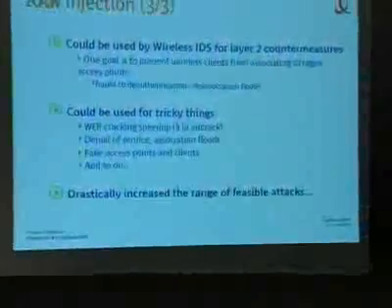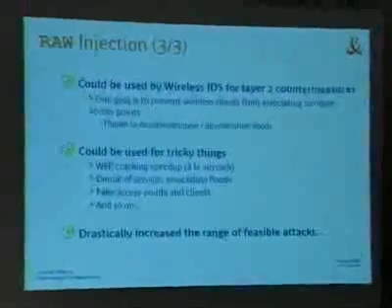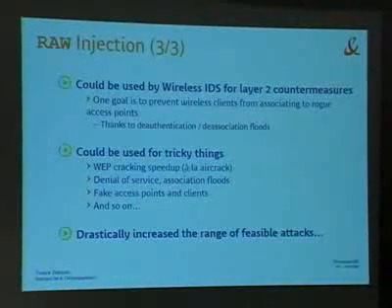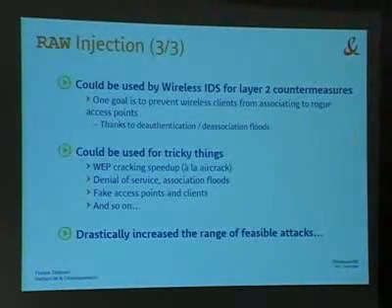Raw injection is also used by wireless IDS in order to implement countermeasures. When a wireless IDS detects a rogue access point, it is able to dissociate all the clients associating to this rogue access point. It is mainly performed by the authentication and the association flow.